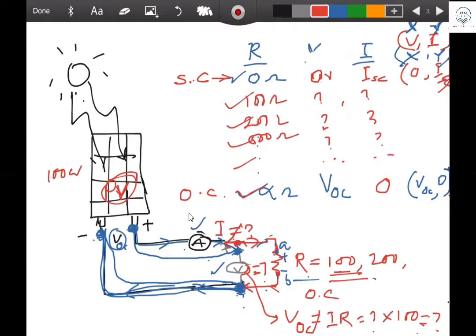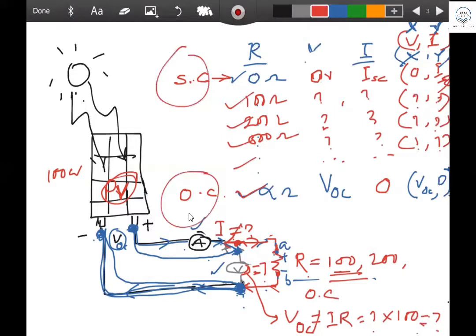So you get some point here, here, and here, and no one will be 0. The voltmeter and ammeter must have some reading. Like this, he applied different resistors and got different values, except the first one and the last one.